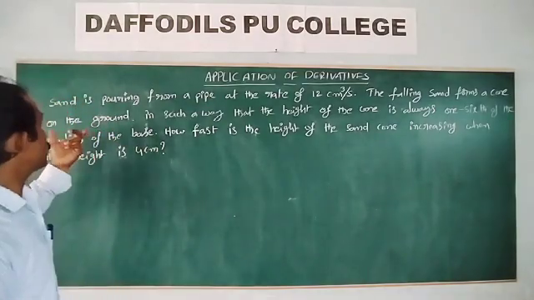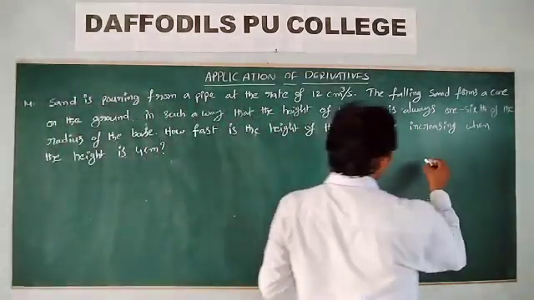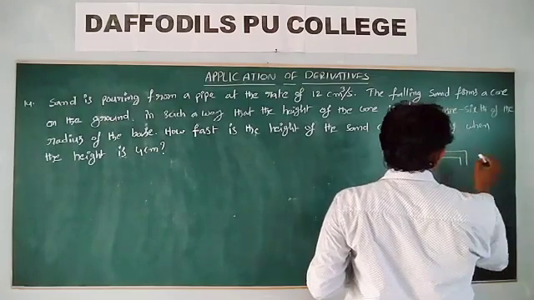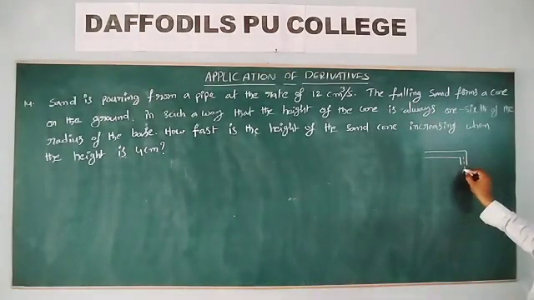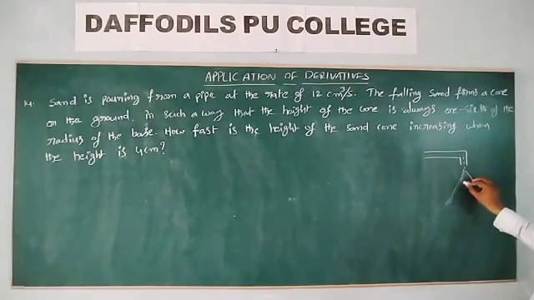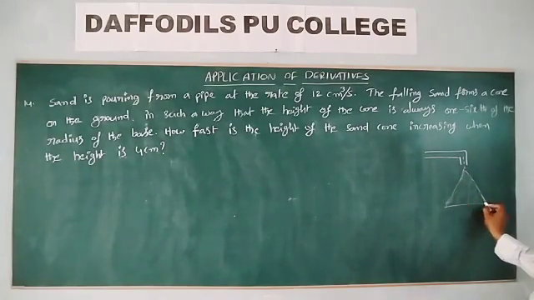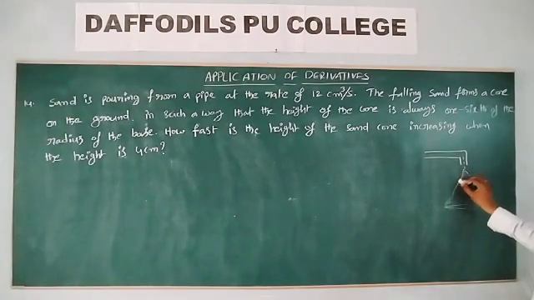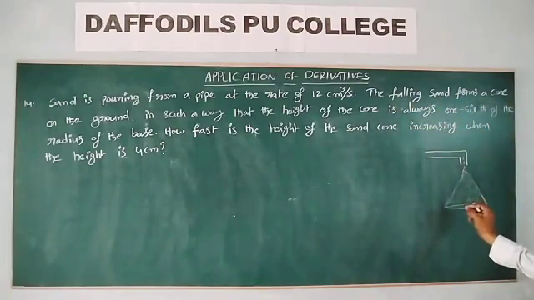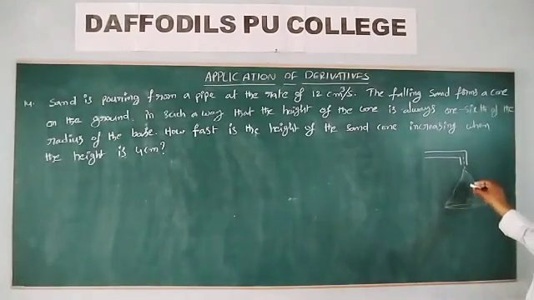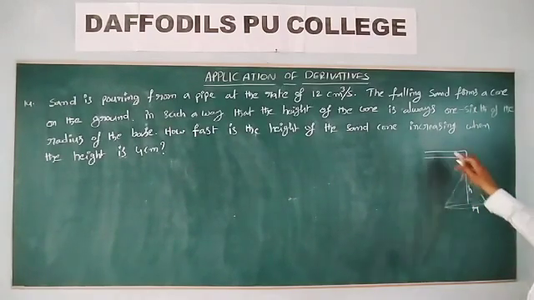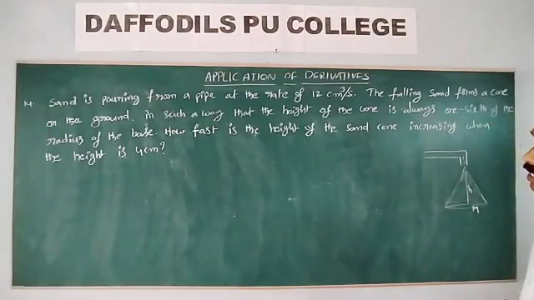The falling sand forms a cone from a pipe like this, on the ground in such a way that the height of the cone, this is h, is always 1/6 of the radius of the base.